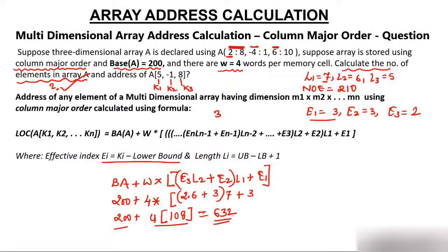So finally 632 is the answer of this question for column major order. I hope that just prior to this slide you might have been finding this formula very tricky, but it's very easy. Remember this: you start with E3, multiply one less, add same, multiply one less, add same, and keep on doing like this.